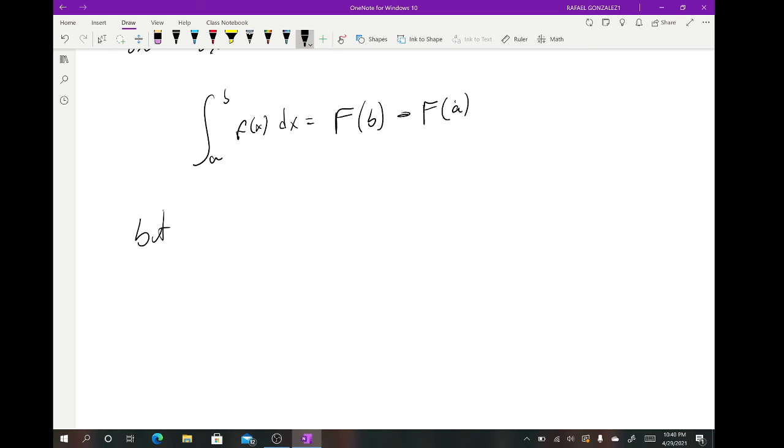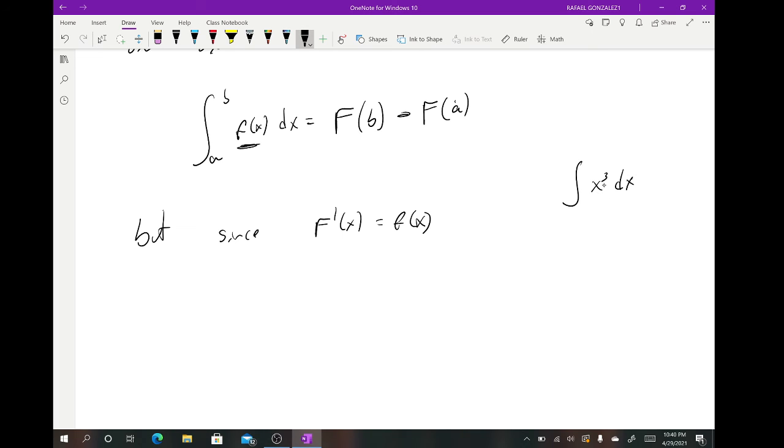But we know that the following is also true. We know that the derivative of the antiderivative is little f of x, meaning if you take the derivative of the antiderivative, you're going to get back this function right here. Think about it. Let me do a quick example. Take x cubed dx.